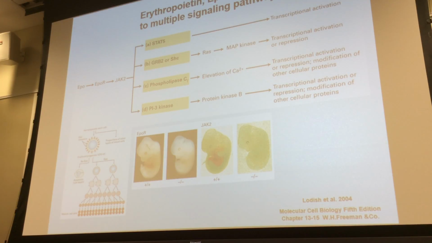Now here you see a phospholipase C, and this is phospholipase C gamma. So you remember from our lecture number 2 from me, what did we talk about the phospholipase C is doing? Yes, IP3 production. So it takes the inositol phosphates that have already been phosphorylated on their 4 and 5 position, and it cleaves them.